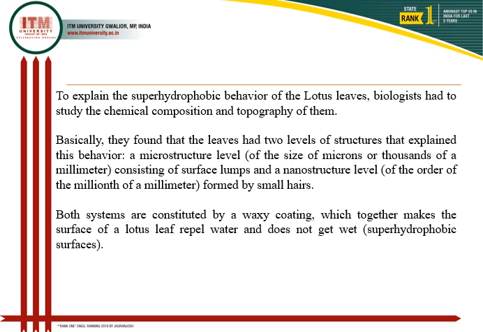A microstructure level, of the size of a micron or a thousandth of a millimeter, consists of surface lumps. And the second is the nanostructure level, of the order of a millionth of a millimeter, formed by small hairs. Both systems are very responsible for this.